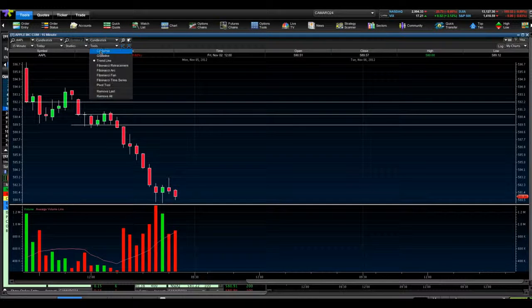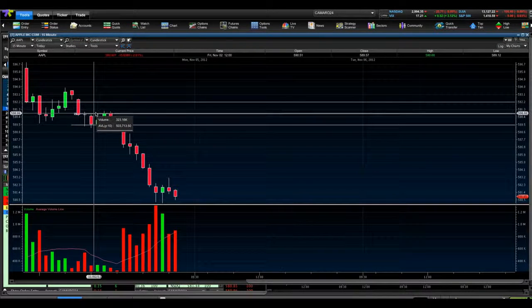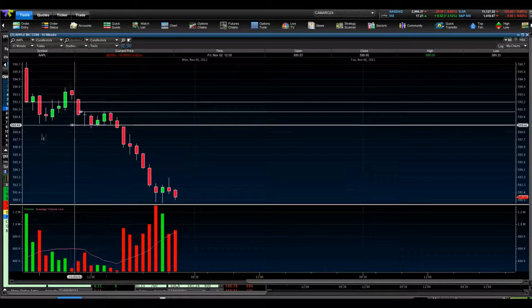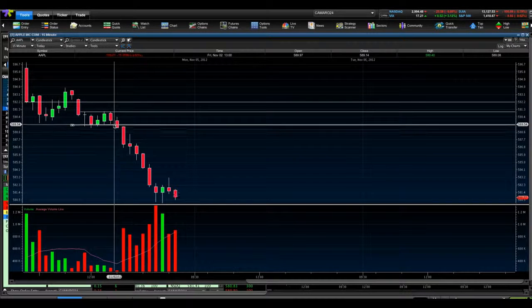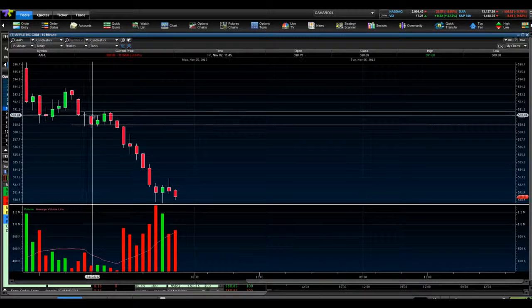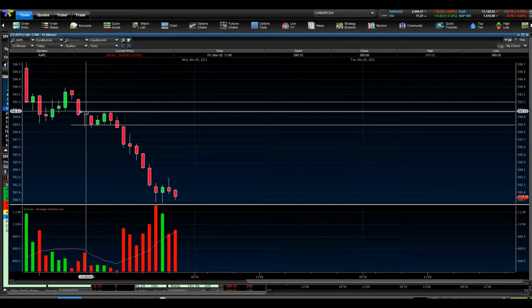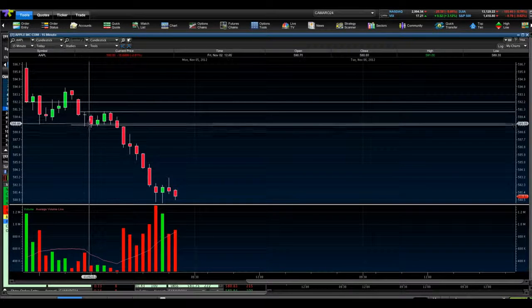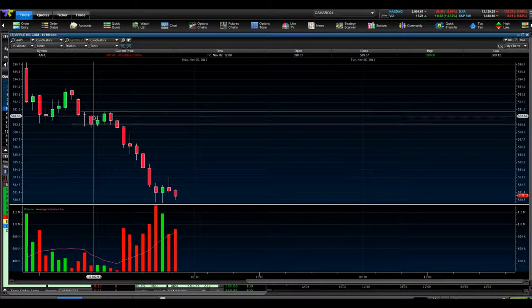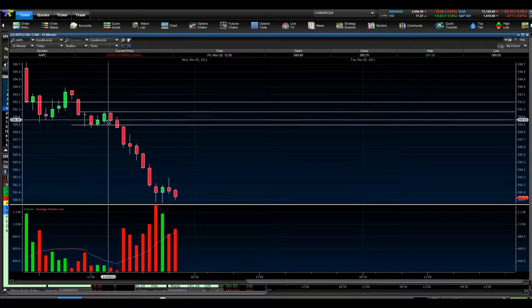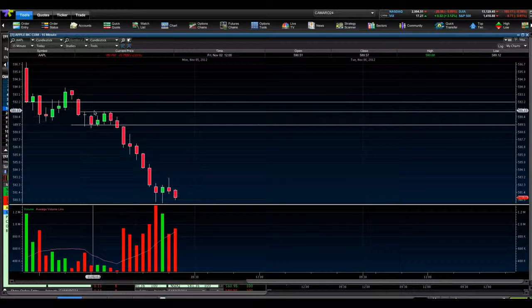Now what we have here is one of my favorite trades. We have a price channel, where you have two obvious support and resistance lines, and a couple of different candles trading within the range, channeling.